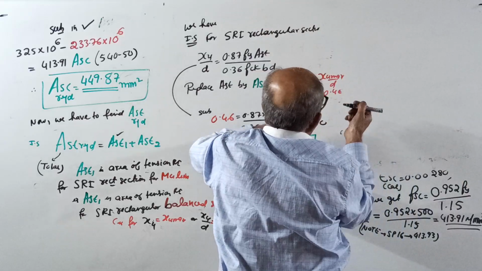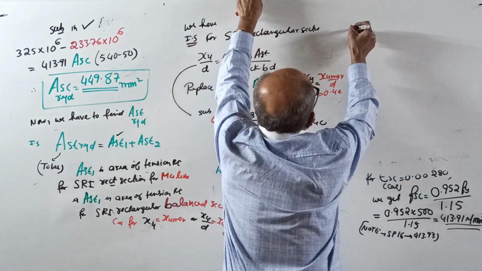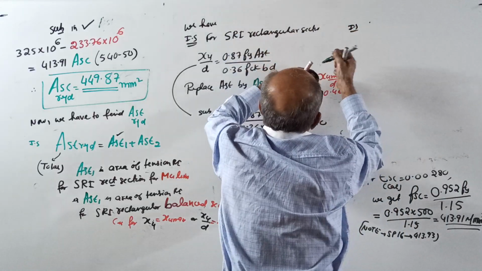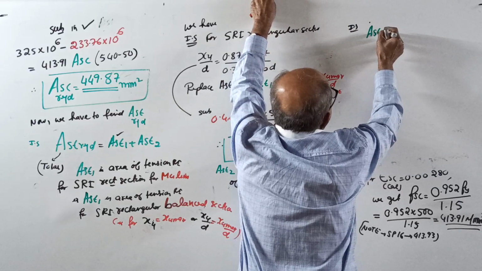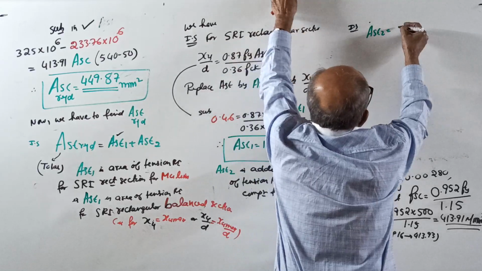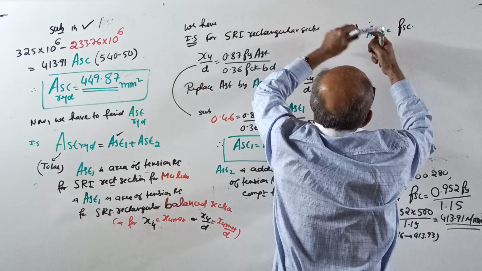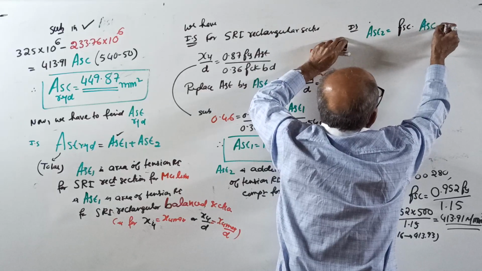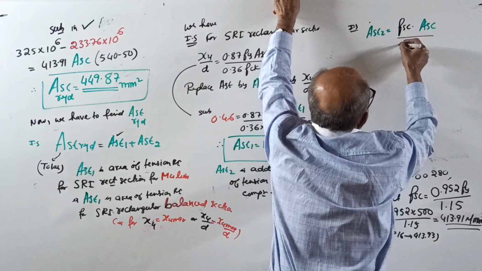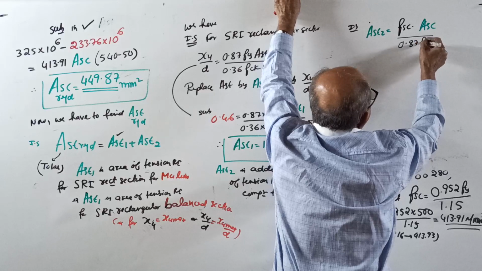Anyway, the IS code has a directly given formula. They have told AST2 equal to FSC into ASC divided by 0.87 Fy.